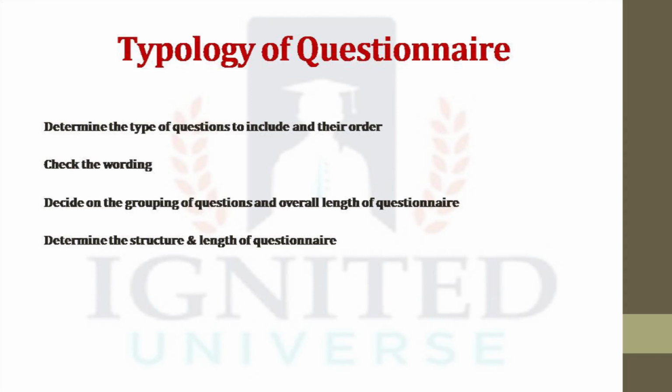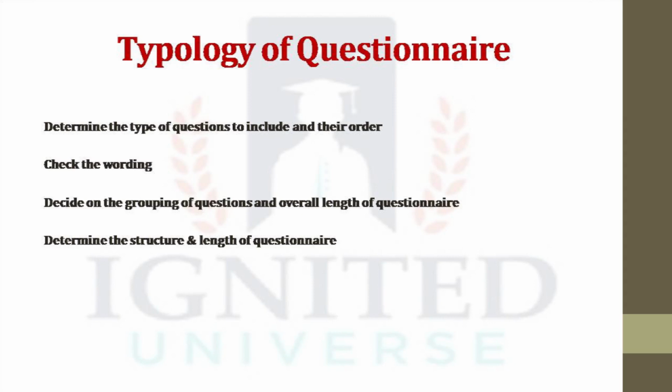One should make it simple by using protection from the cold. This question can be reframed as: do you think that thermal wear provides you protection from the cold? Further, in our questionnaire, we should avoid questions that create ambiguity.